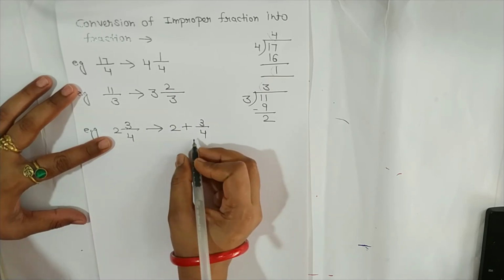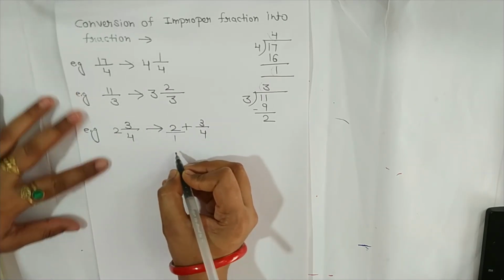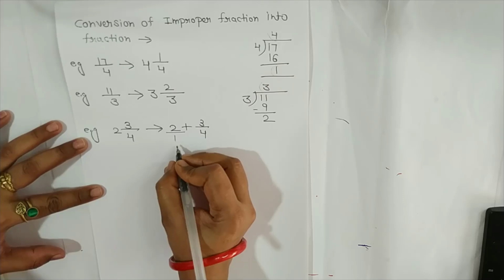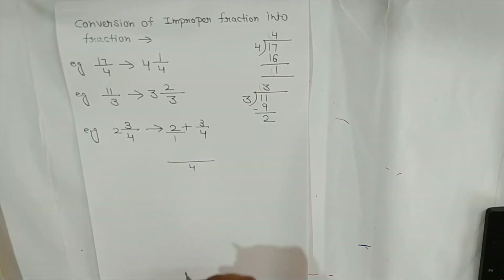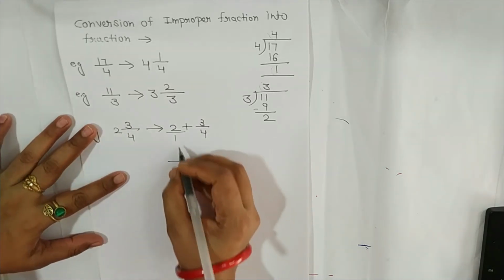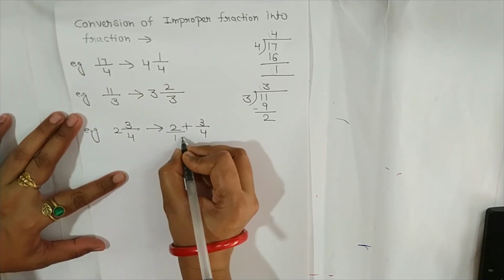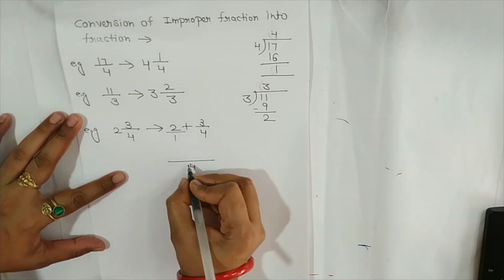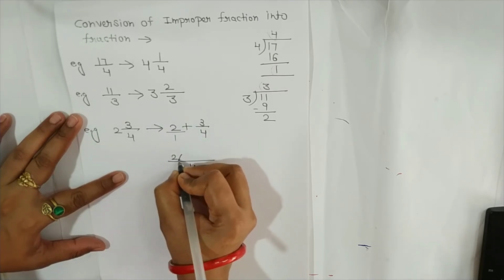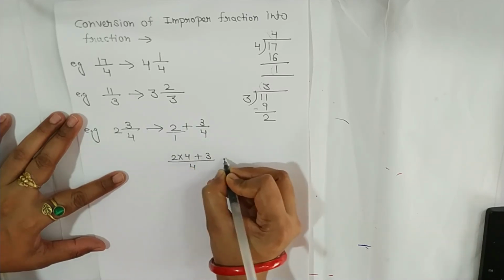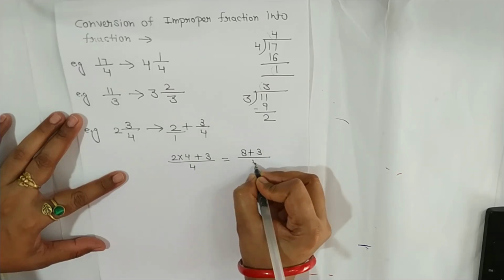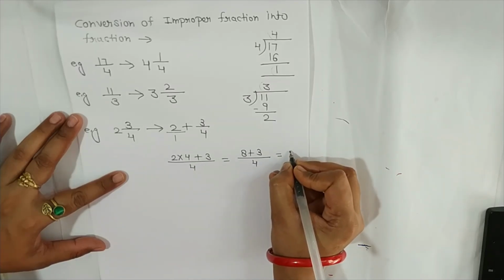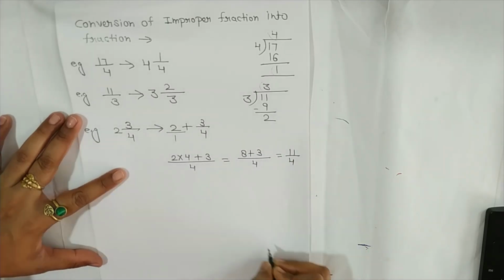Now you have to take the LCM. So the LCM is 4. Now we have to make the denominator equal to the LCM, so we multiply by 4 here, so it becomes 4, then 2 is multiplied by 4 plus 3, so 4 2s are 8 plus 3 divided by 4, so it will be 11 upon 4.